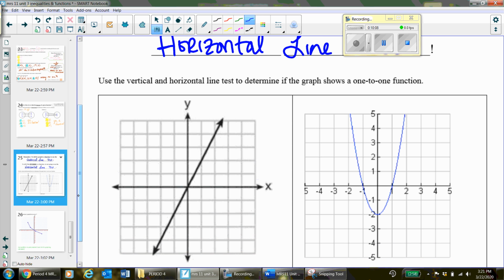Okay, so using the vertical and horizontal line test to determine if the graph shows a one-to-one function. All right, one-to-one means it'll pass both tests, vertical and horizontal lines.